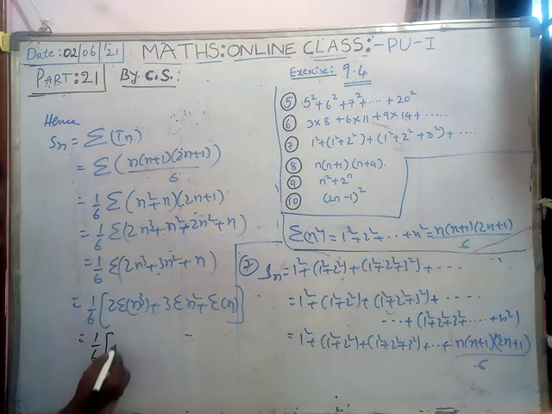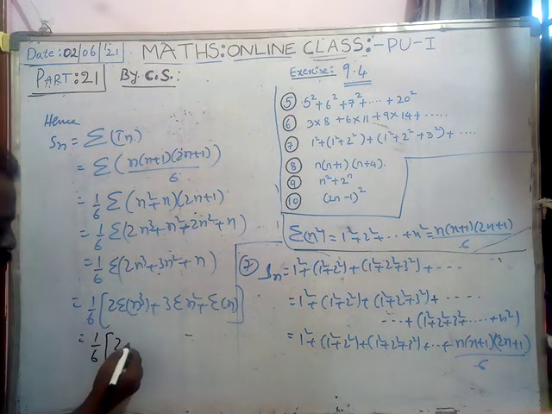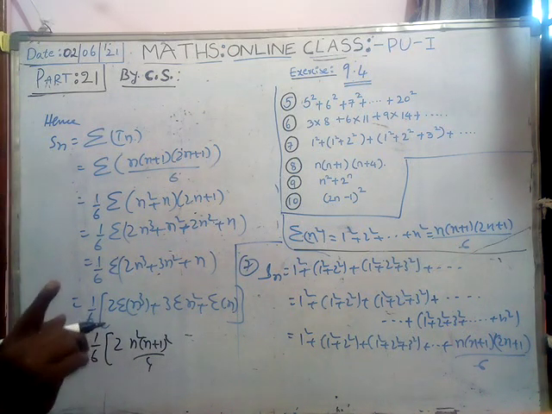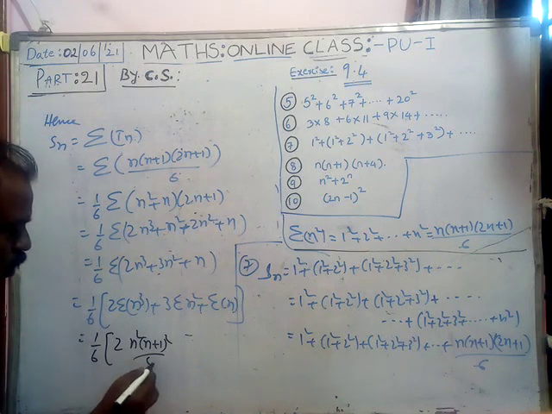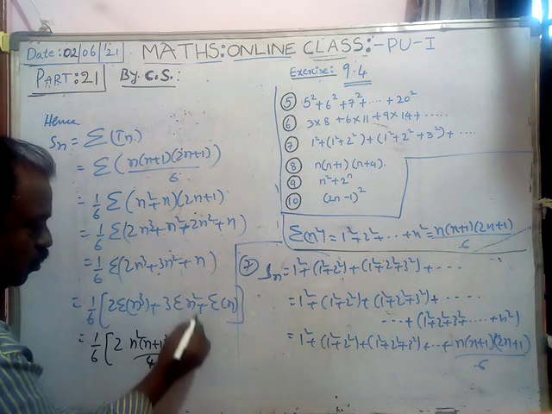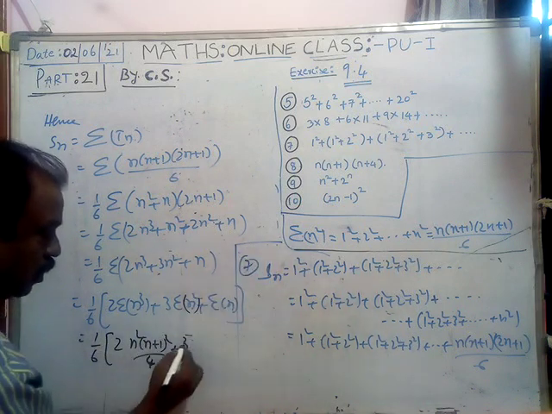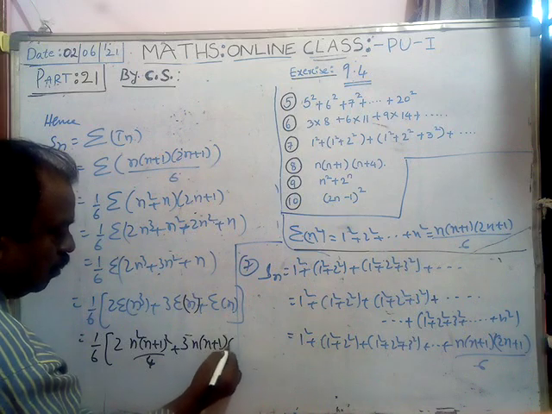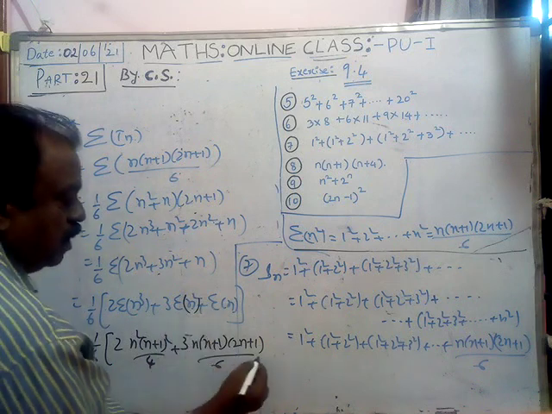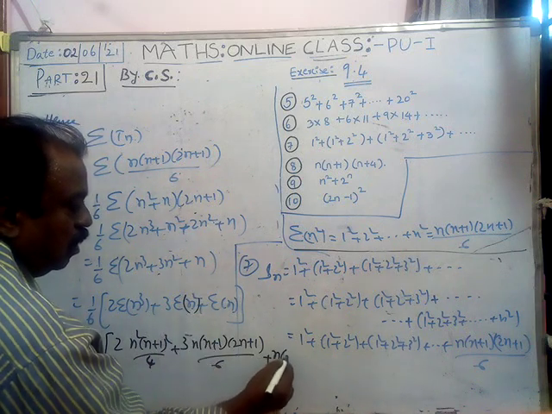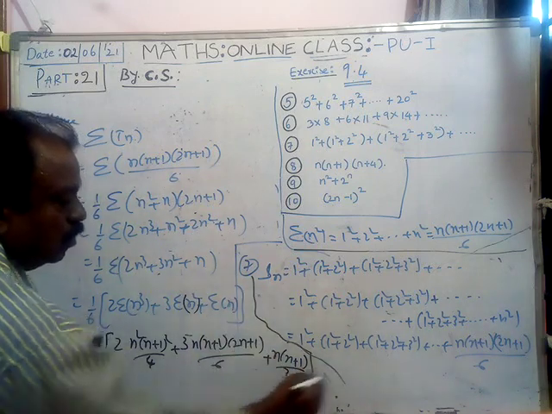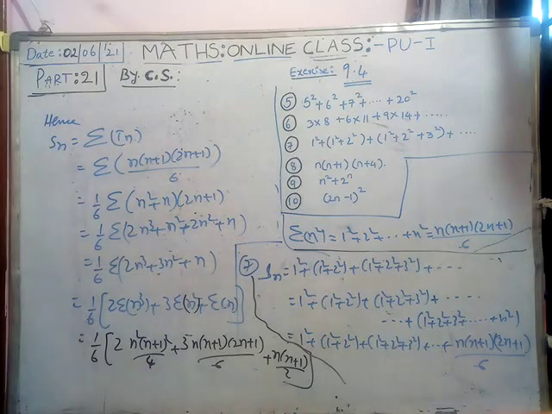So 1 by 6 into 2 times sigma n cube, which is n square of n plus 1 whole square by 4, already discussed. And 3 sigma n square is n of n plus 1 of 2n plus 1 by 6, and sigma n is n of n plus 1 by 2. Okay, this is the step.